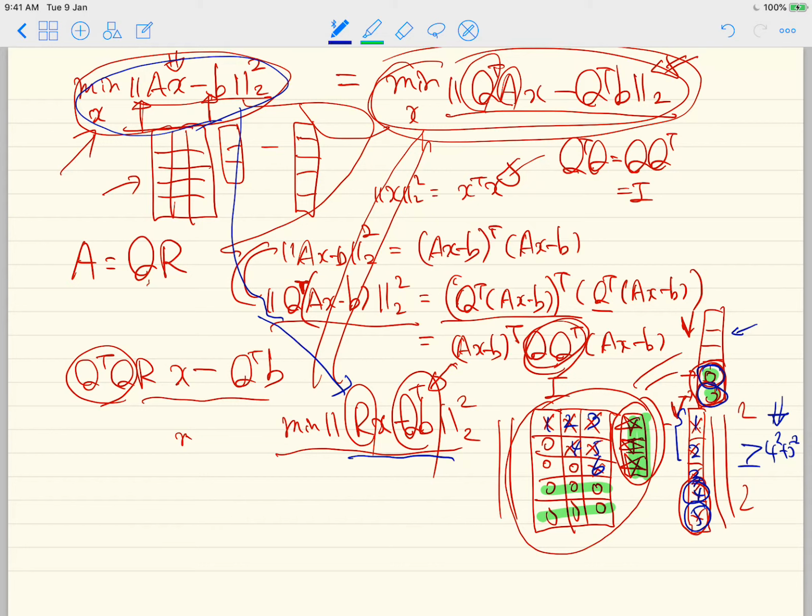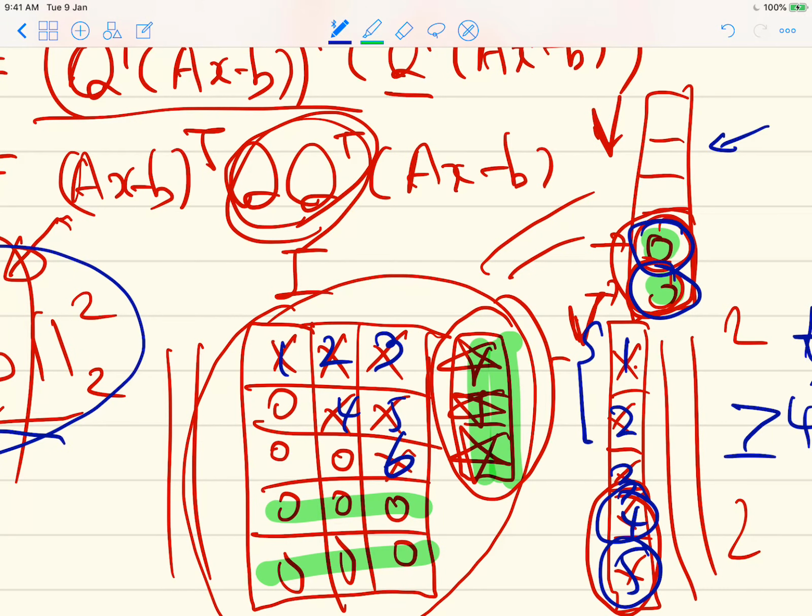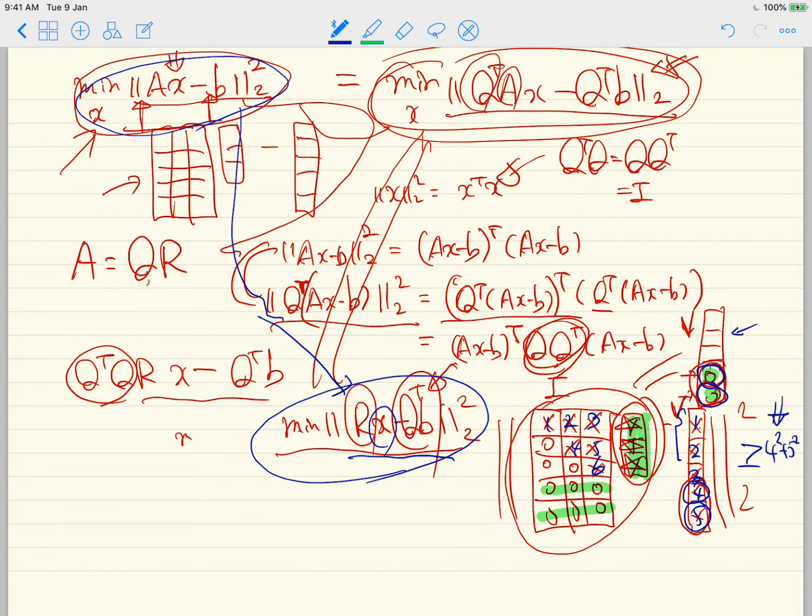Because we can just utilize this back substitution. And also the point is that the solution that minimizes this x over here, which is the solution of this upper triangular type of linear system, will be the same as the solution that minimizes the original problem.